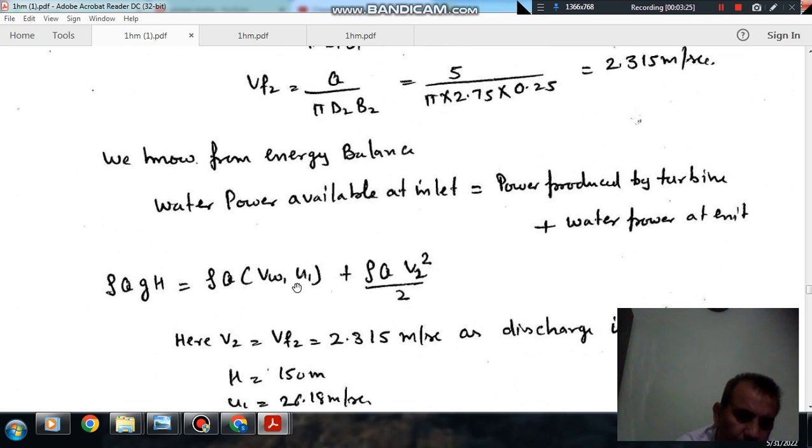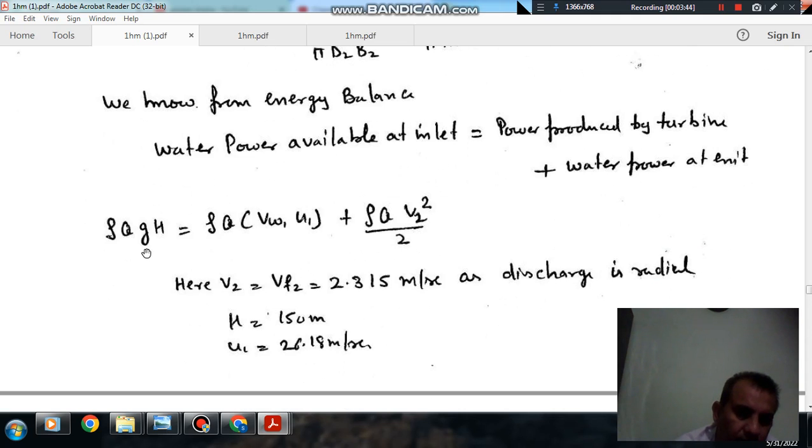Actually it is rho Q (Vw1 U1 plus Vw2 U2), but Vw2 is 0 because discharge is radial, so it is only rho Q Vw1 U1. The power that is unused is expressed in terms of kinetic energy per second, that is rho Q V2 square by 2, where V2 is the absolute exit velocity of water.